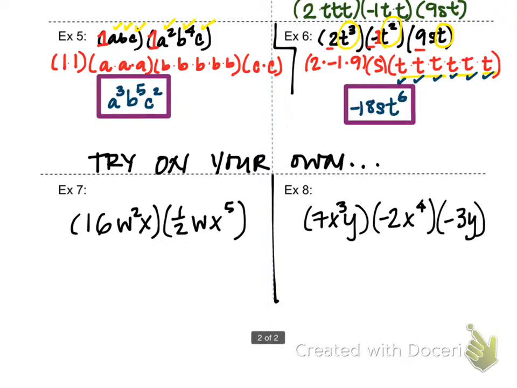So again, your steps when you're organizing this as we go through, and this is just for you to remind yourself: that first step is to expand. The second step is to organize and group.